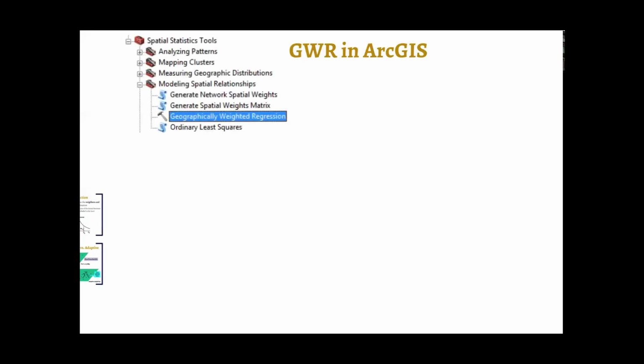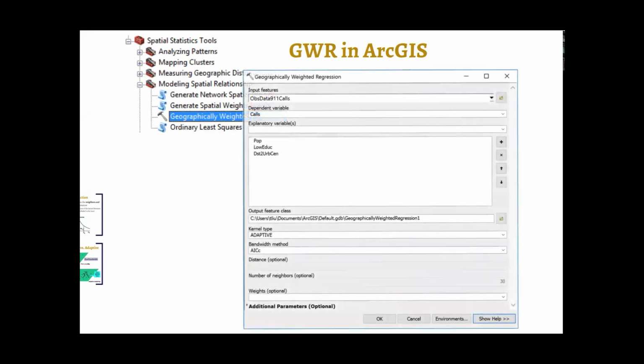So for running GWR in ArcGIS, it's the same folder where we ran the OLS, the ordinary least squares. You double click on the tool, and then you fill out this interface. Everything stays almost the same as running the ordinary least squares model.